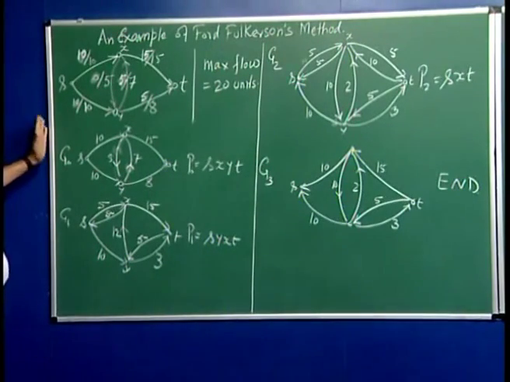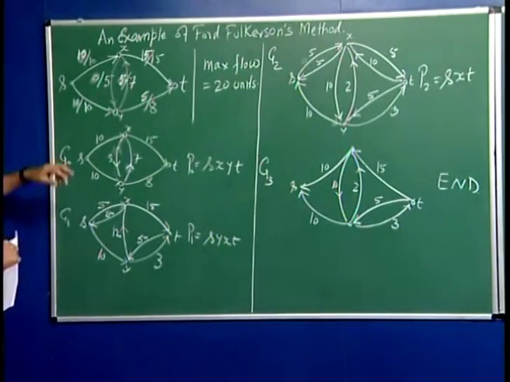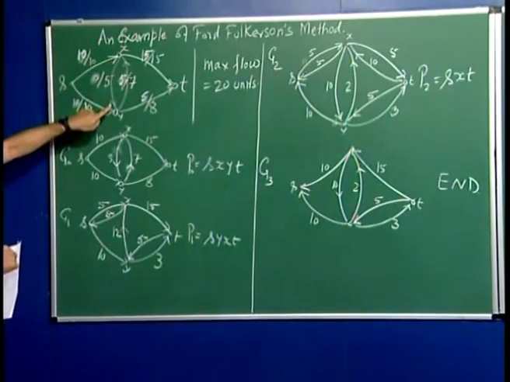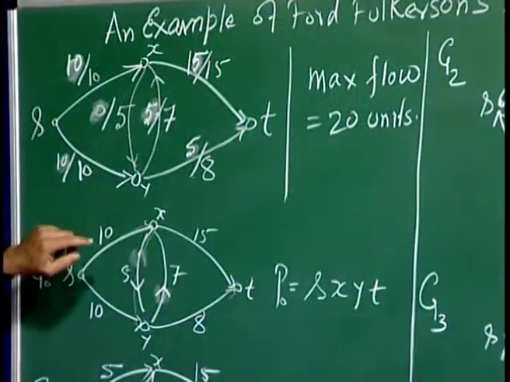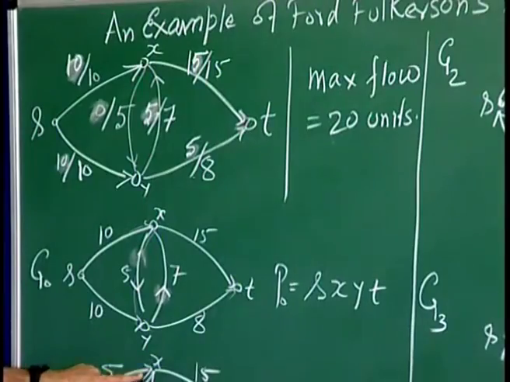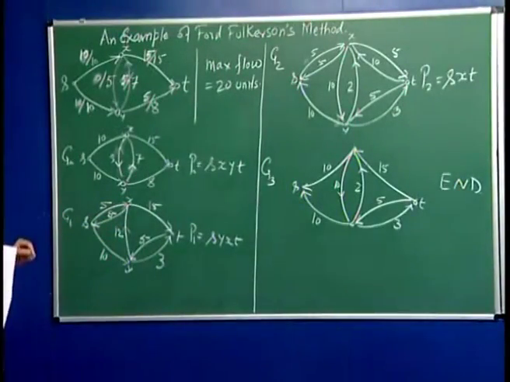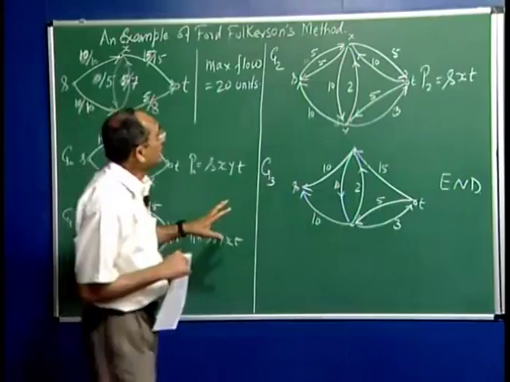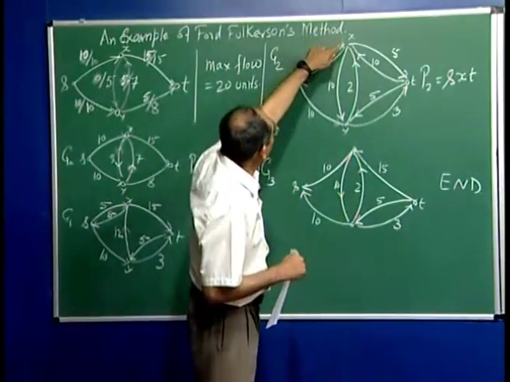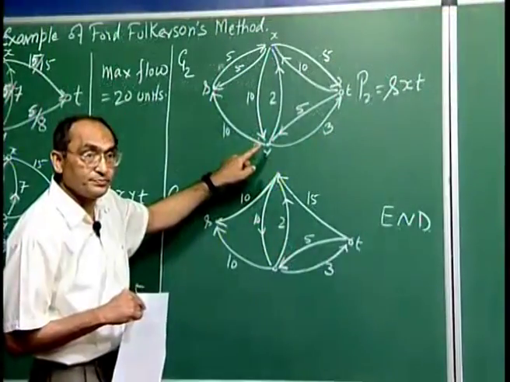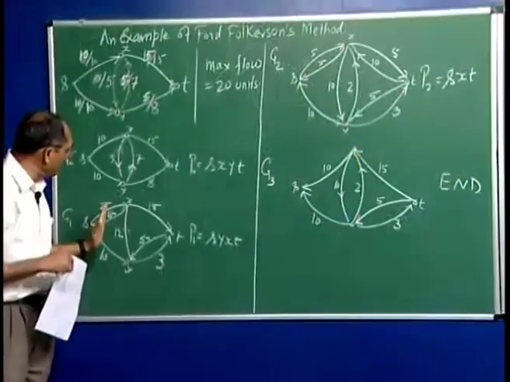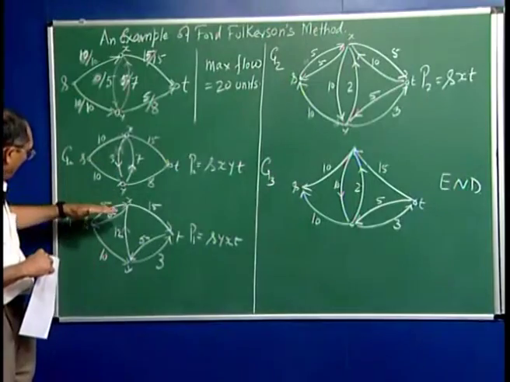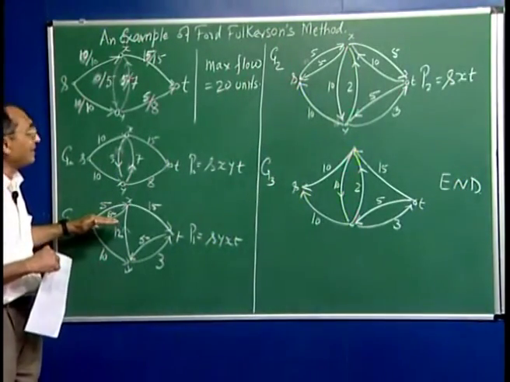Now in this example what we notice is that there was an edge xy which was once saturated and hence we had no edge going from x to y. At a later stage what we notice is that the x to y edge re-emerges. Hence it is possible that a certain edge which vanishes at some stage in the residual graph may reappear.